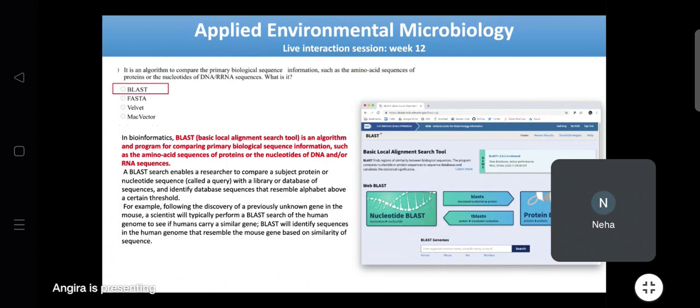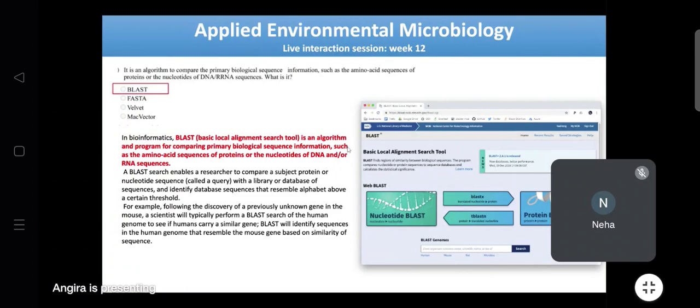If you go to Google and type BLAST, and search in the first option, this is what you will get to see. If you check the web page, you can see two types of BLAST, nucleotide BLAST and protein BLAST. BLAST stands for Basic Local Alignment Search Tool. That is B for basic, L for local, A for alignment, S for search, and T for tool.